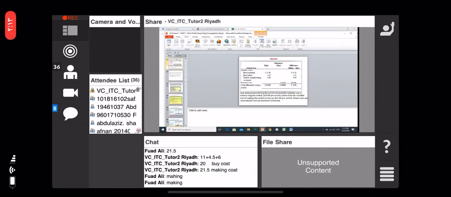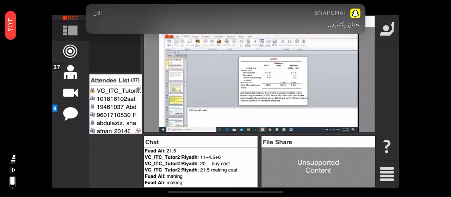So you will decide to purchase this product from outside, because it's cheaper. So the difference between purchasing and making will be 1.5.